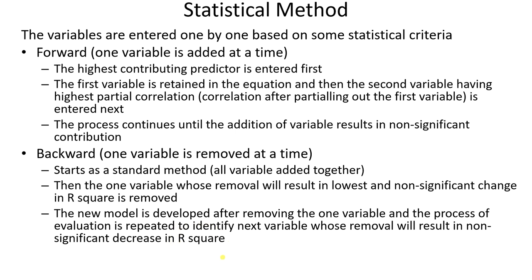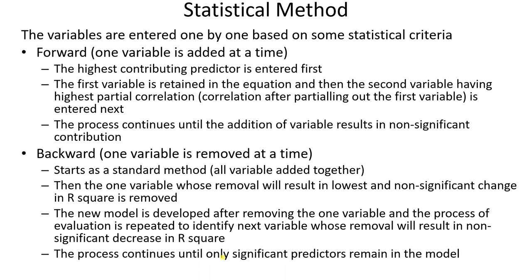So if the R square value is decreasing significantly by removing any variable, then that variable will again be entered and it will not be removed. We remove one variable at a time, and when removal of any variable results in a significant decrease, we stop. So the process continues until only significant predictors remain in the model. All the non-significant predictors are removed, but one at a time. This is called the backward elimination method.